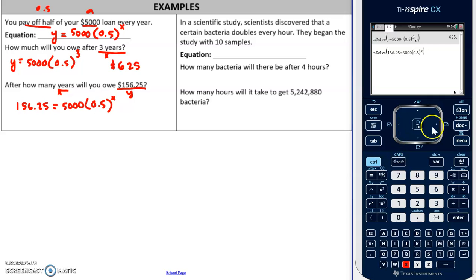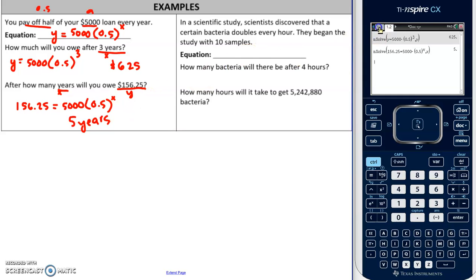This time x is my unknown, arrow out. So I do comma x, and I hit enter, and it says 5. So I'm saying that it should be 5 years when I'll owe $156.